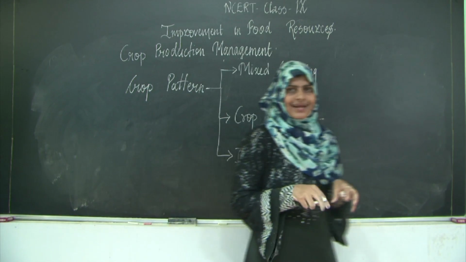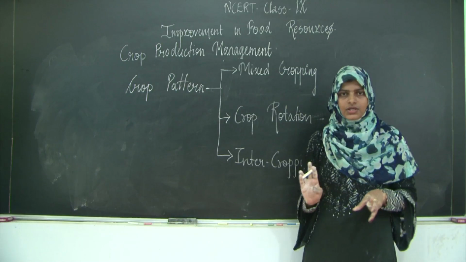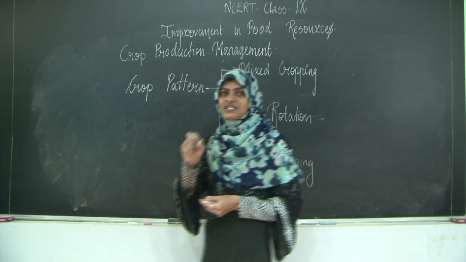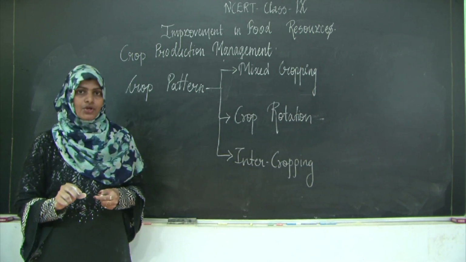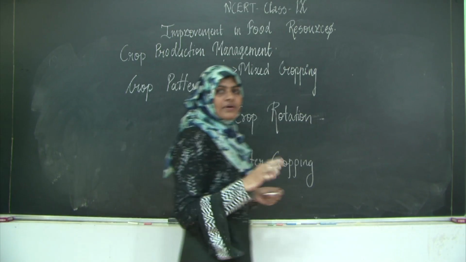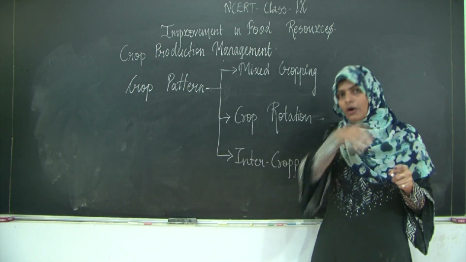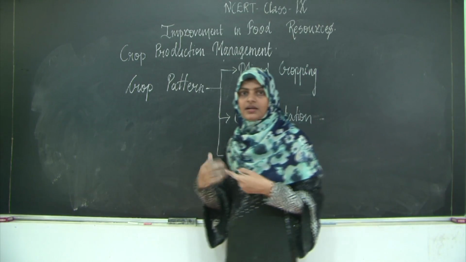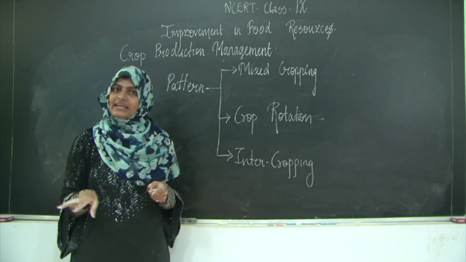So what will happen in that case? The whole crop will get spoiled, and we all know that pests are specific to a particular crop. So the farmer will get no extra income, the income will stop. Why? Because the whole crop will get damaged.